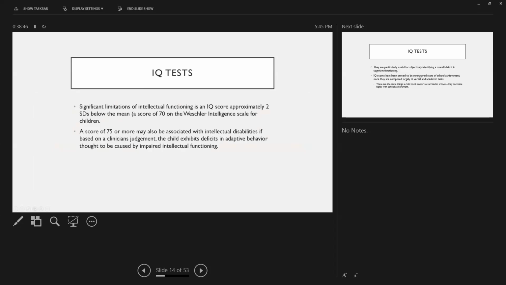A score of 75 or more may also be associated with an ID if it's based on a clinician's judgment, or if the child exhibits deficits in adaptive behavior thought to be caused by impaired intellectual functioning. So there still can be cases in which a student might not score below that level of 70 and still receive a diagnosis of intellectual disability.